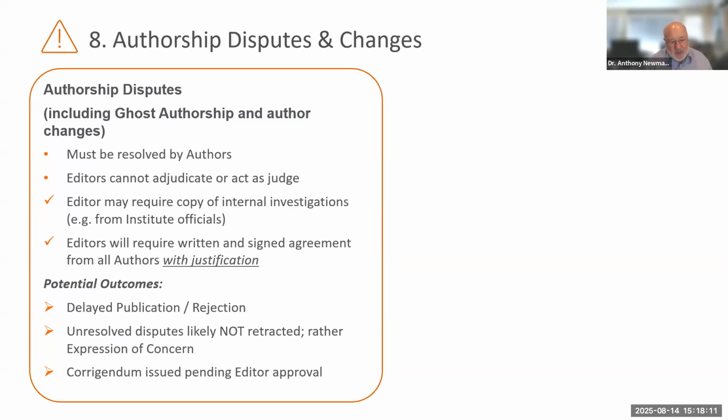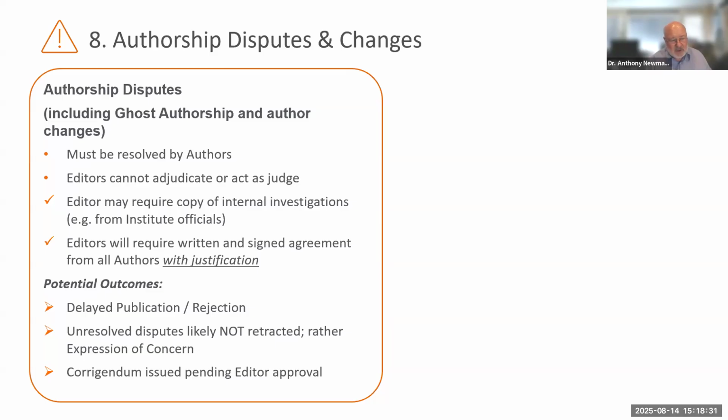And sometimes they'll be looking at the internal lab notes and everything to make sure. And then if there is a filed declaration, the editors require a written and signed statement from all the authors on why things have changed.